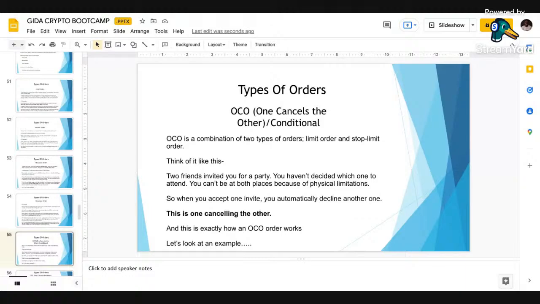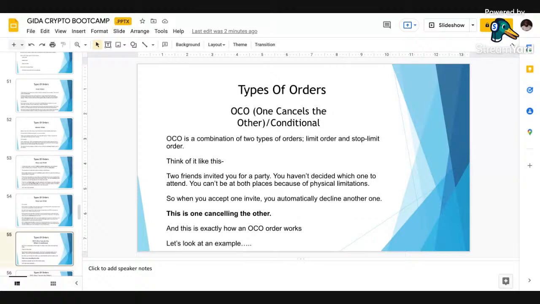Mr. A invites you for a birthday party. Mr. B invites you for a wedding at the same time, Saturday, 9 o'clock a.m. If you accept Mr. A's invite, you have automatically cancelled Mr. B's invite. If you accept Mr. B's invite, you've automatically cancelled Mr. A's invite. That is the meaning of OCO.